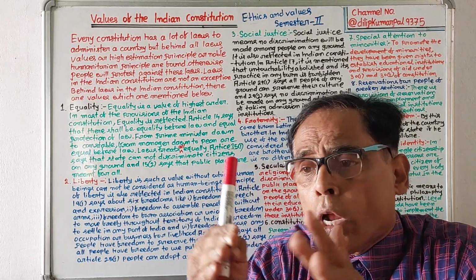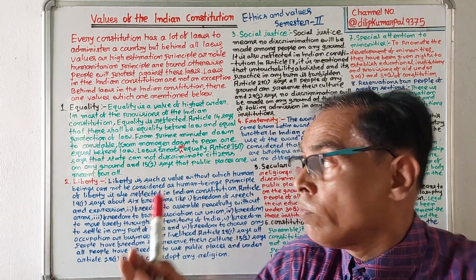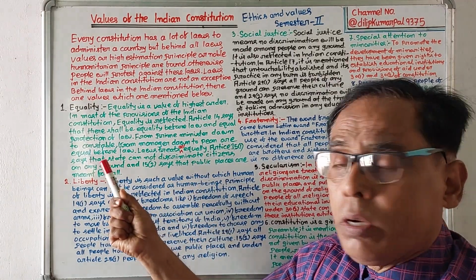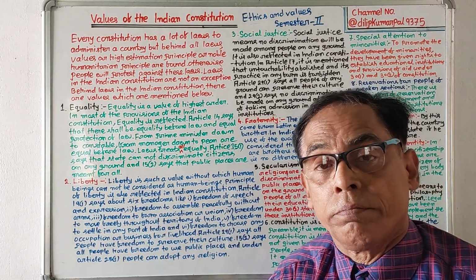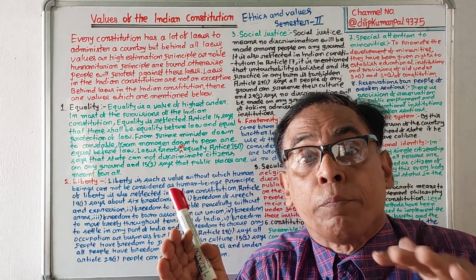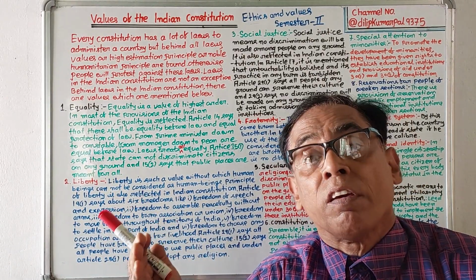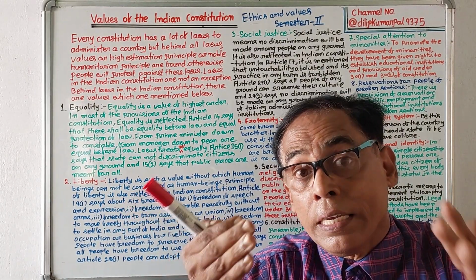And there shall be equal protection of law. Law will protect all. From Prime Minister down to constable, from manager down to peon, all are equal before law. In India, all are equal before law. He may be a Prime Minister, he may be a constable, he may be a manager, he may be a peon. So, equality is reflected in Article 14.